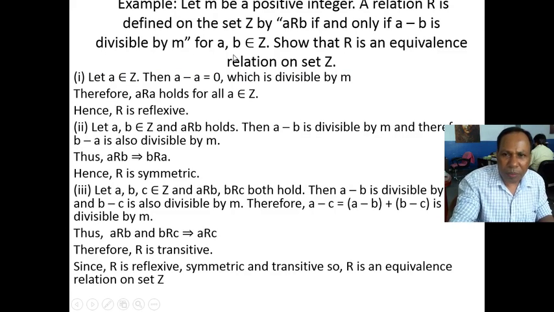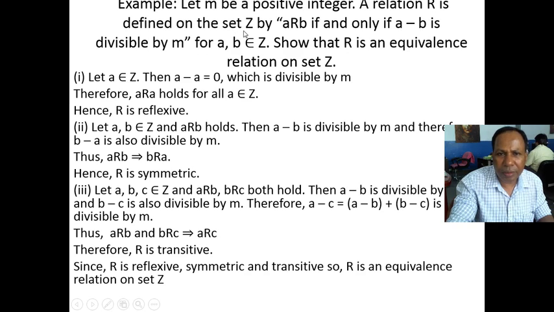Now this is a good example of equivalence relation. Let M be a positive integer. A relation R is defined on set Z of integers by A related to B if and only if A minus B is divisible by M. So this is our relation. We have to prove that R is an equivalence relation on set of integers.